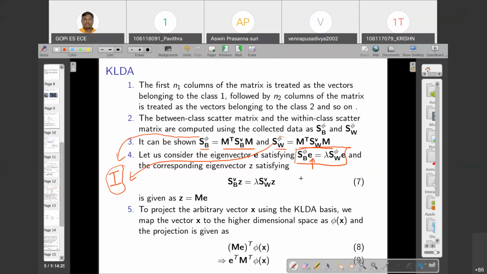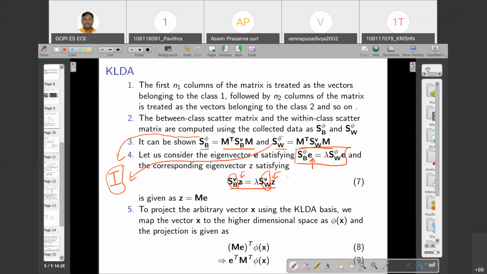Now you know that this eigenvector E is related to the eigenvector Z, which is actually SBV, SWV. Z is basically the eigenvector computed in the higher dimensional space, because SBV and SWV are the between class scatter matrix and within class scatter matrix computed using the vectors in the higher dimensional space.